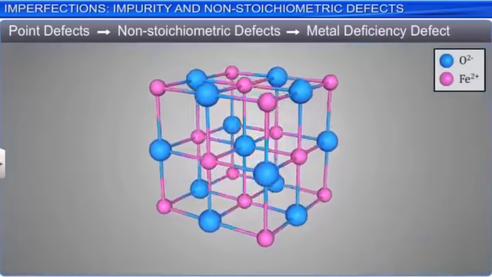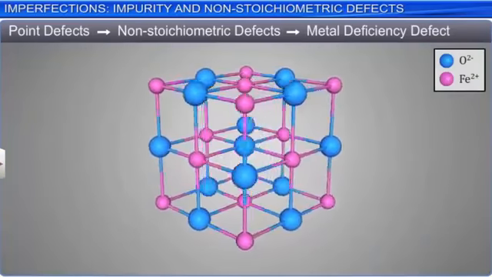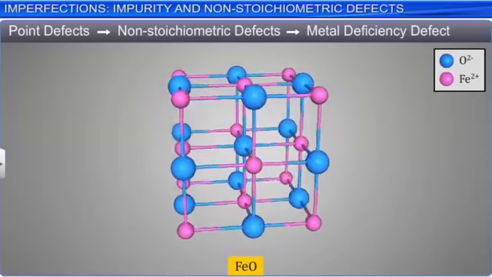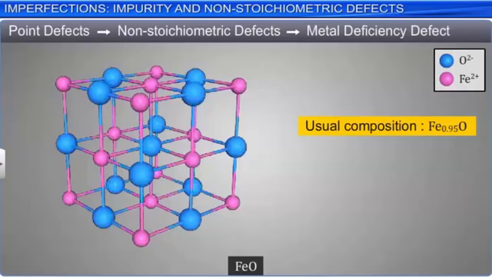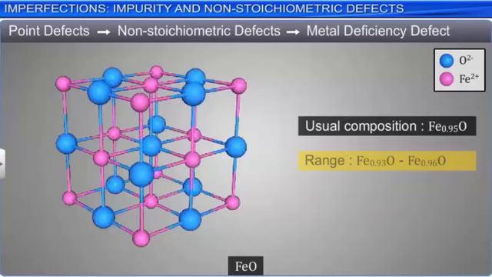A typical example of this type is FeO, which is mostly found with a composition of Fe0.95O. It may actually range from Fe0.93O to Fe0.96O.